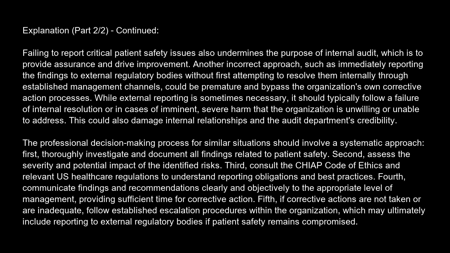Fourth, communicate findings and recommendations clearly and objectively to the appropriate level of management, providing sufficient time for corrective action. Fifth, if corrective actions are not taken or are inadequate, follow established escalation procedures within the organization, which may ultimately include reporting to external regulatory bodies if patient safety remains compromised.